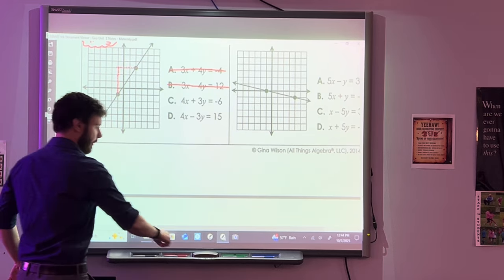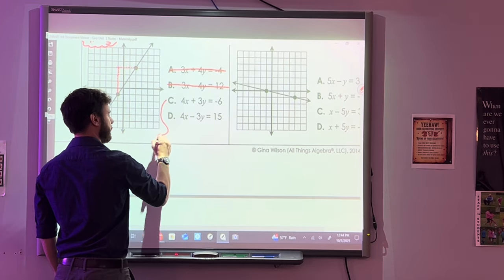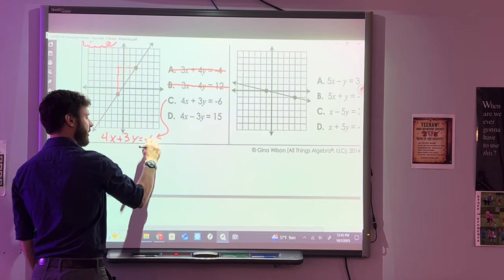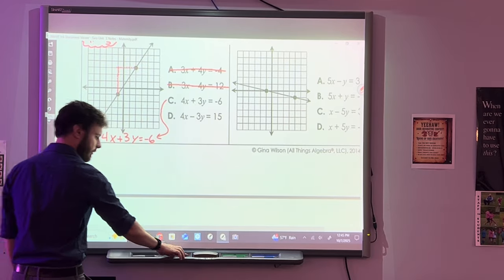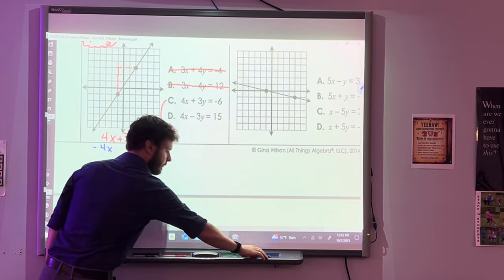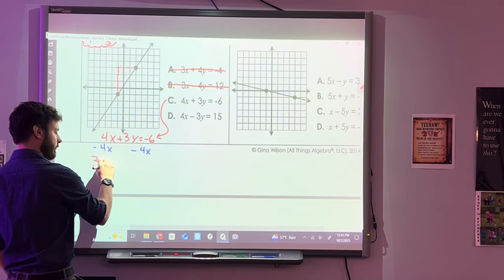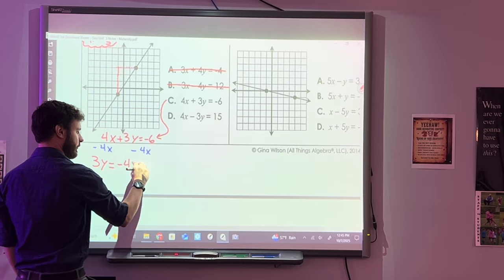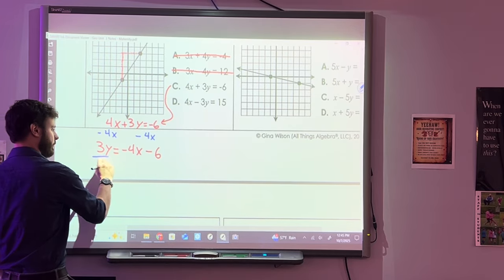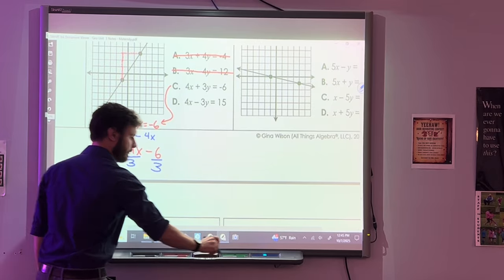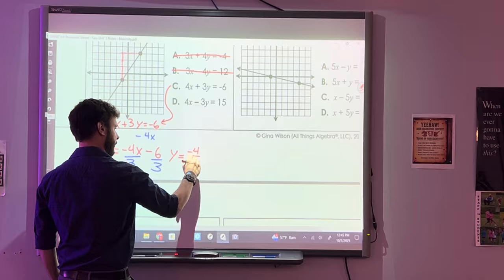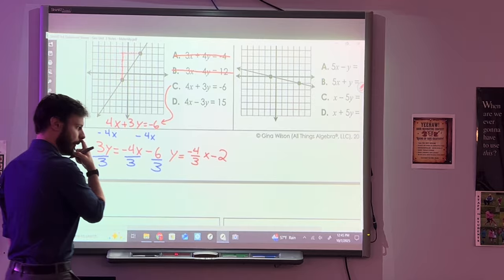All right. Let's see, I'm gonna take this one. 4x plus 3y equals -6. I'm gonna subtract the x over. Okay, and I'm gonna divide by that 3. y equals -4 over 3x minus 2.